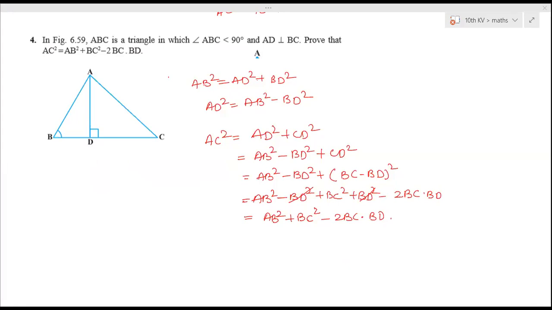Now this is done, so you try solving the exemplar questions, the third exercise of this chapter. Maths exemplar, 6th chapter, start solving today. Homework. How many questions? I don't think there are many more.